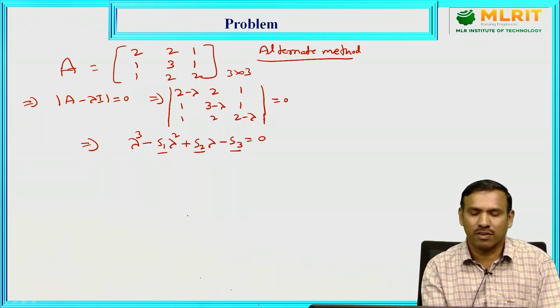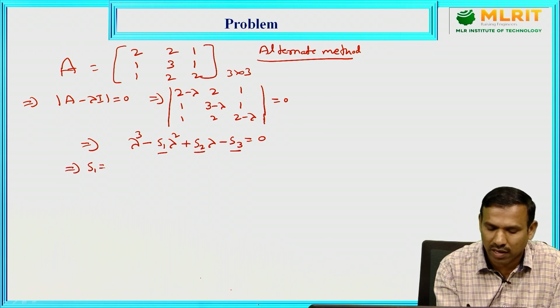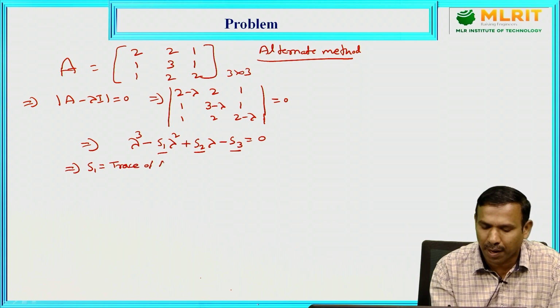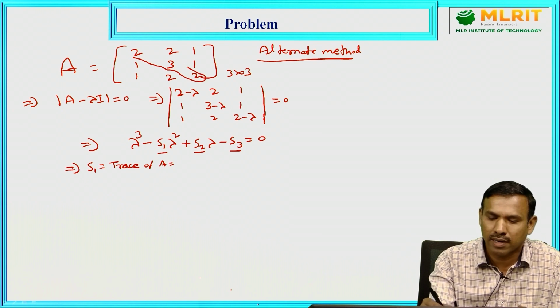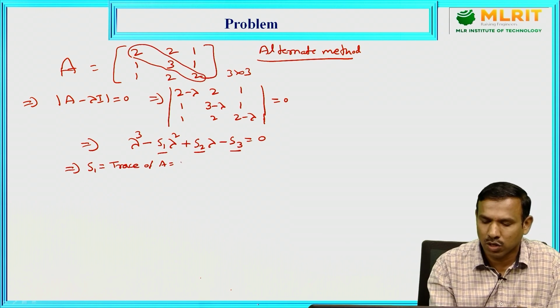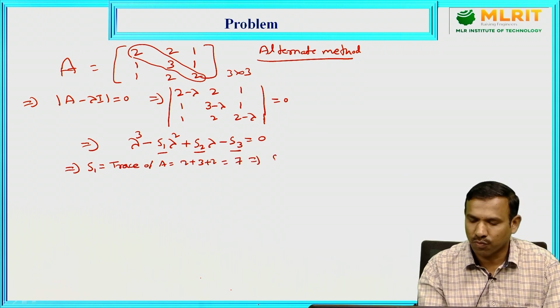S1 is equal to the trace of the matrix, trace of A. Trace means, as we know very well, the sum of the principal diagonal elements, that is 2 plus 3 plus 2, which is equal to 7. That is the S1 value. S1 is equal to 7.